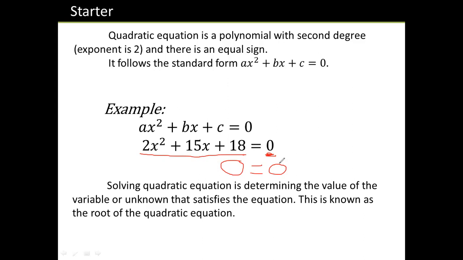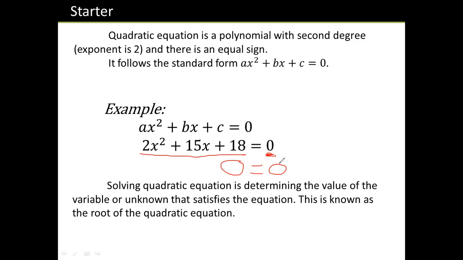Again, if the left-hand side of the equation does not equal the right-hand side of the equation, then it is not the root of that quadratic equation. It should satisfy. It should be left-hand side equals the right-hand side. If the right-hand side is 0, the left-hand side should be 0.